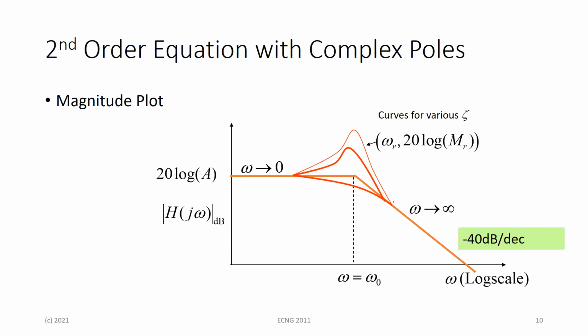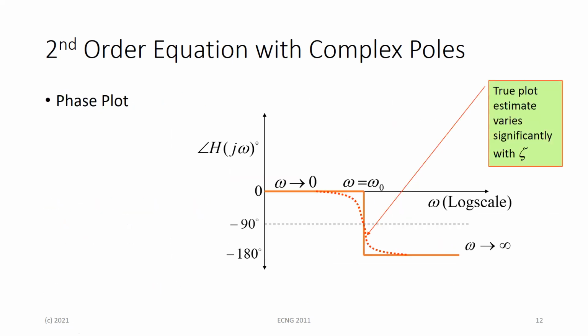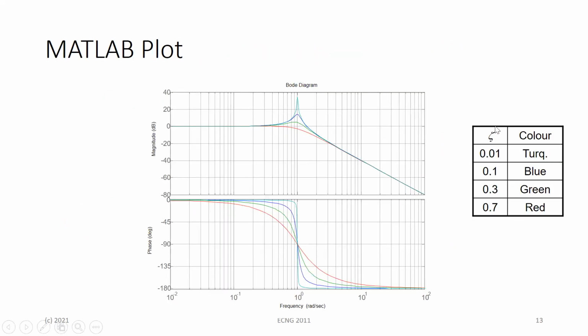As zeta gets smaller, let me go back down to here, this is zeta. As zeta gets smaller, notice the peak rises. Remember zeta is between 0.707 and 0.